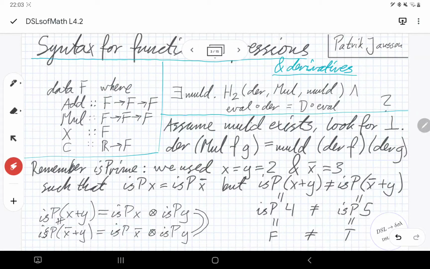So we want to copy that setup here. To do that, we assume that there exists a mul d with this H1 property. We want to find some arguments f, f bar, and g, such that we can do a similar argument as for the is prime case.